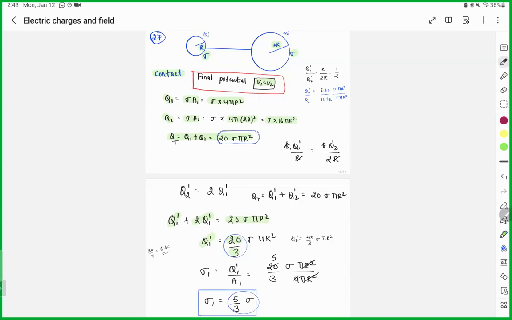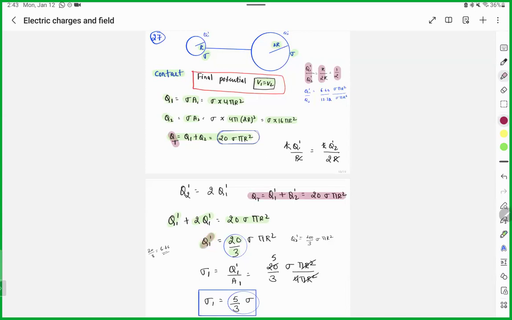So what do you need to do? First, calculate the total charge if you add both Q1 and Q2. Second, take the ratio of charge depending upon their radius ratio, 1 by 2. Through this, you can calculate the individual charge. We know the total amount of charge before and after distribution will be the same.